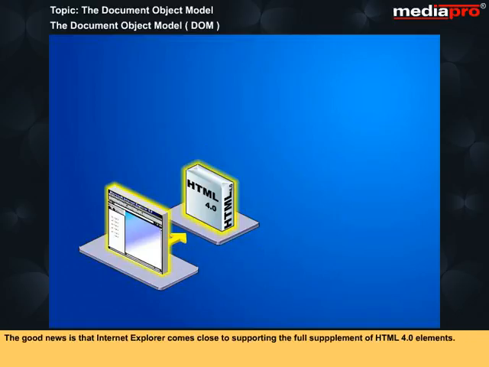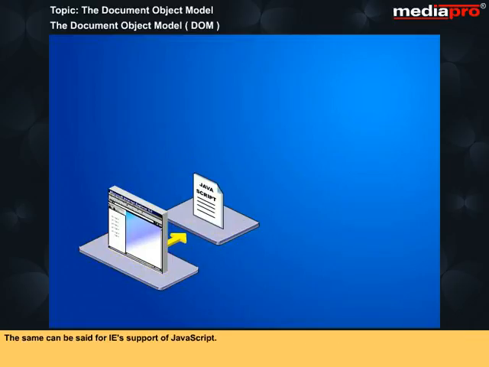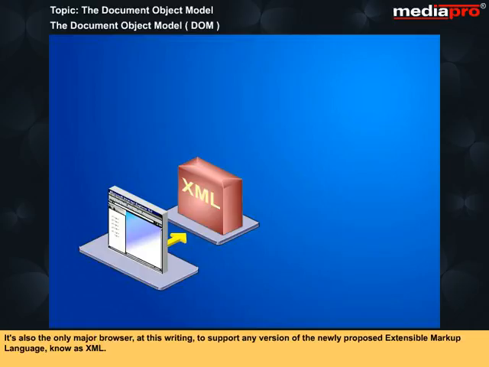The good news is that Internet Explorer comes close to supporting the full complement of HTML 4.0 elements. The same can be said for IE's support of JavaScript. It's also the only major browser at this writing to support any version of the newly proposed Extensible Markup Language, known as XML.